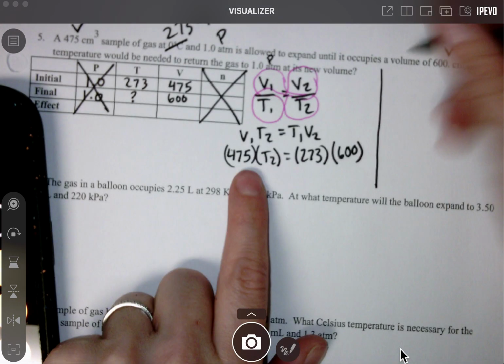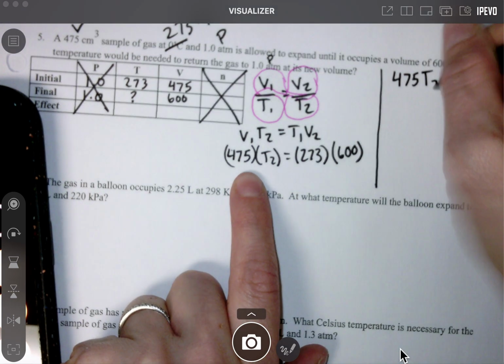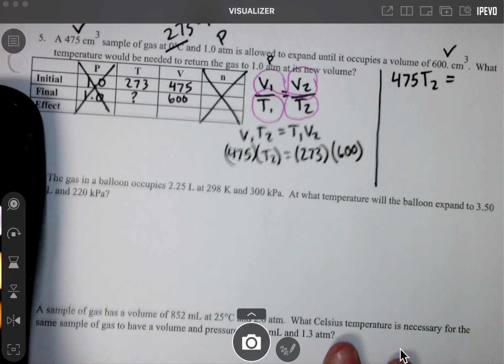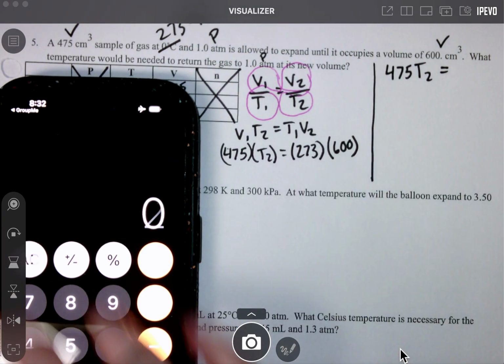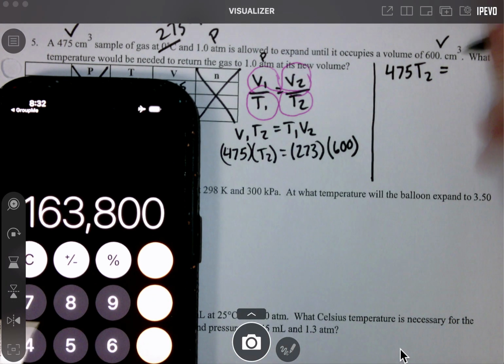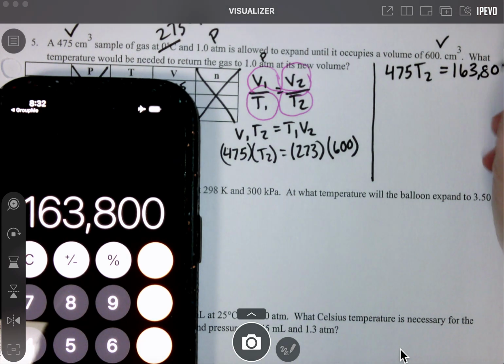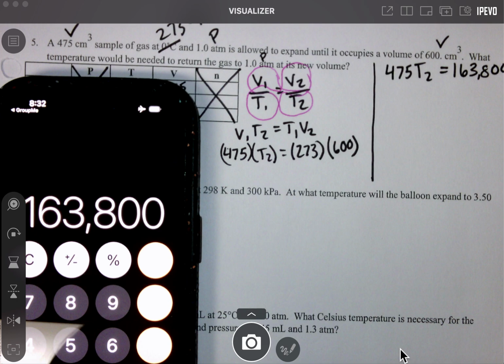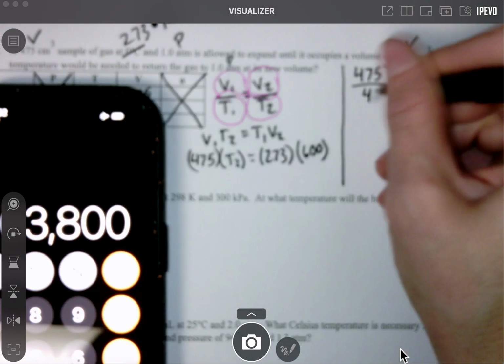So on the left side of my equation, I just have 475 times T2. And then on the right side of my equation, I can simplify this. So 273 times 600. I want to isolate T2, so I'm going to divide each side by 475.